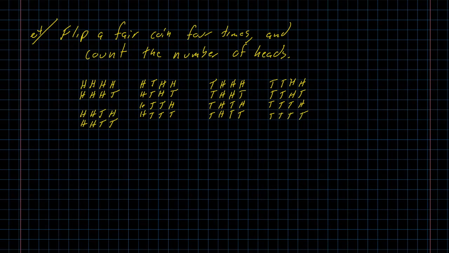All right, so there are all 16 possible outcomes for flipping a fair coin 4 times. If I count the number of heads, I get that there could be 0, 1, 2, 3, or 4 heads.